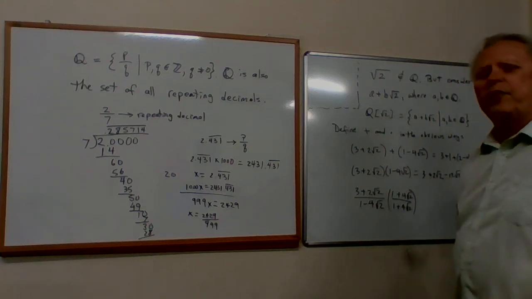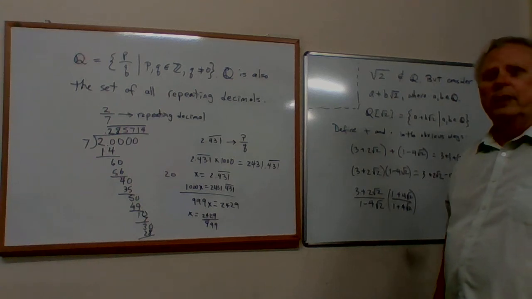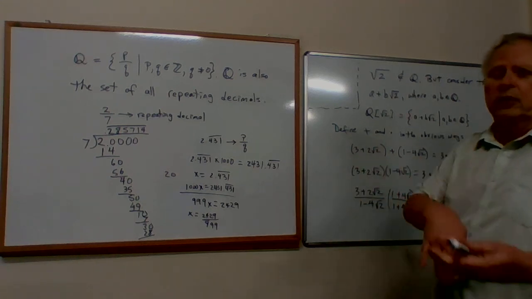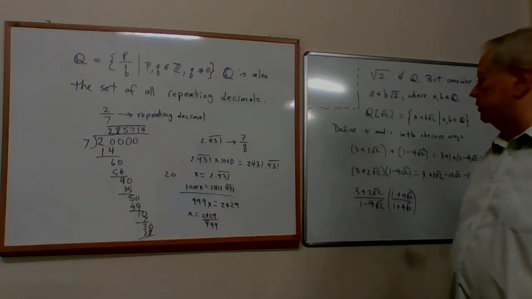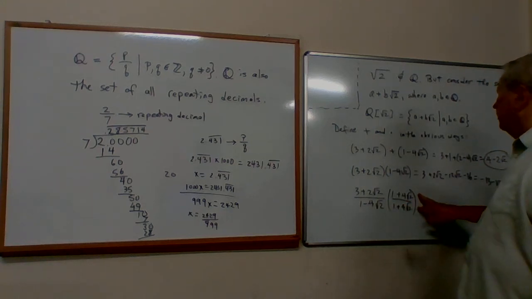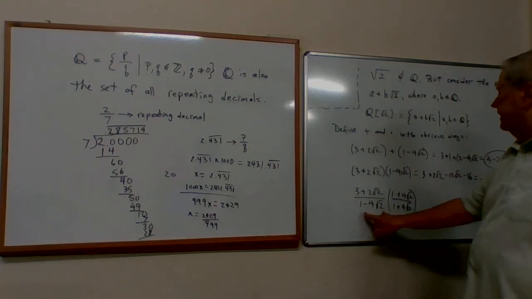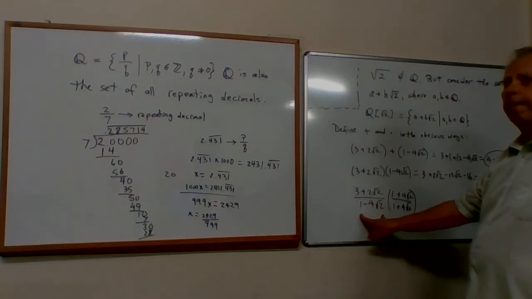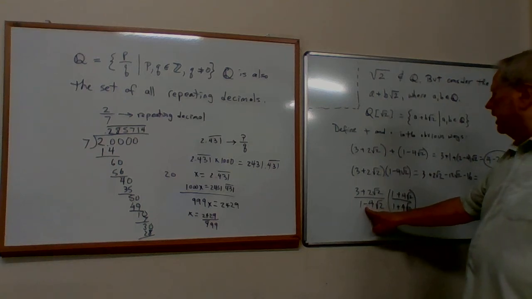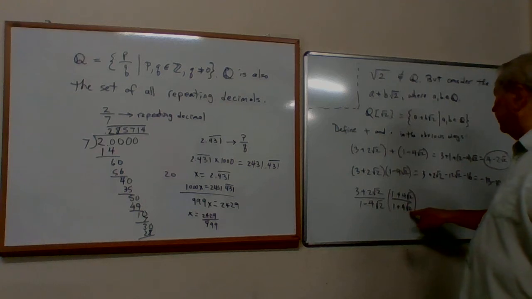Now, would you agree that if I multiply by 1, I haven't changed anything? Hopefully. If not, we need to go back 1 or 2 classes before this one. But if you agree that multiplying by 1 doesn't change anything, but I have this unique way of defining 1. I take the bottom number with the opposite sign. So now it's 1 plus 4 root 2 over 1 plus 4 root 2.